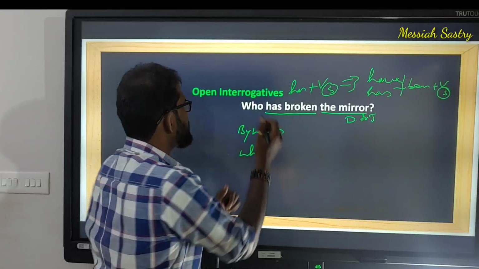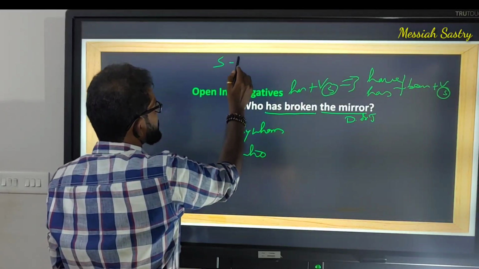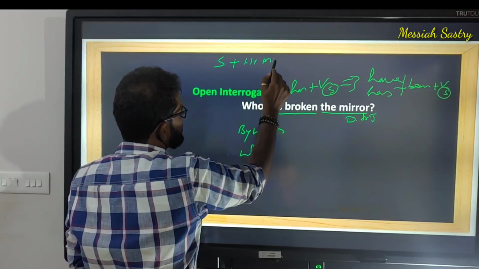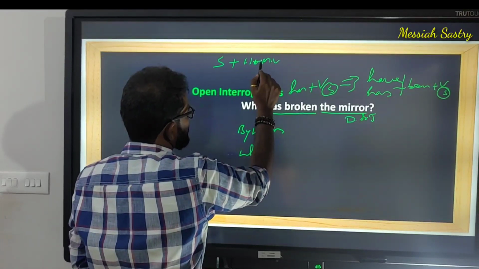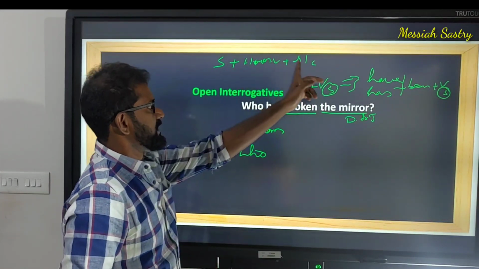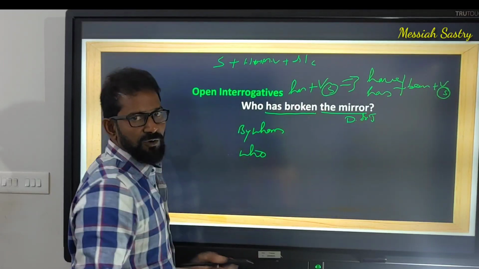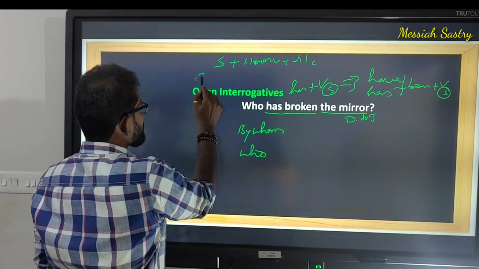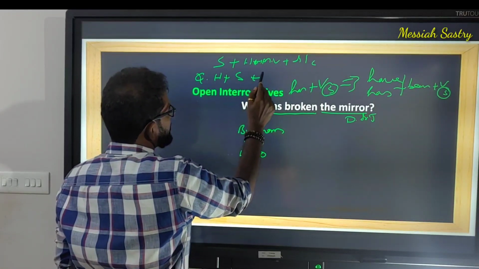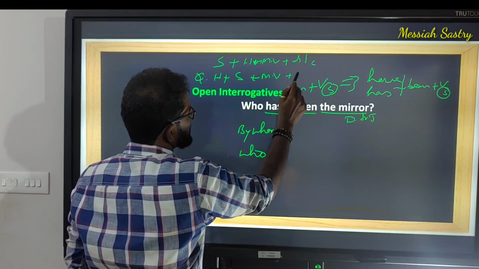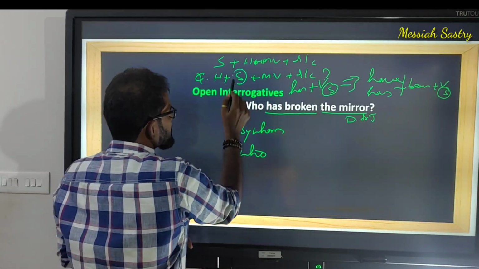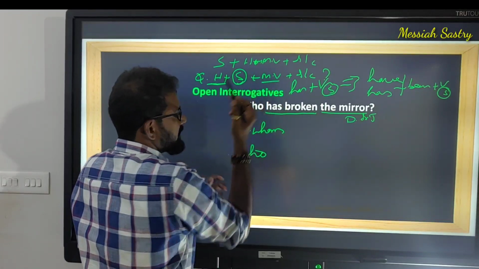In a declarative sentence the syntax is subject, helping verb, main verb, object or complement. When it comes to open interrogative, it is question word, helping verb, subject, main verb, object or complement, and a question mark. So here the subject comes between helping verb and the main verb.